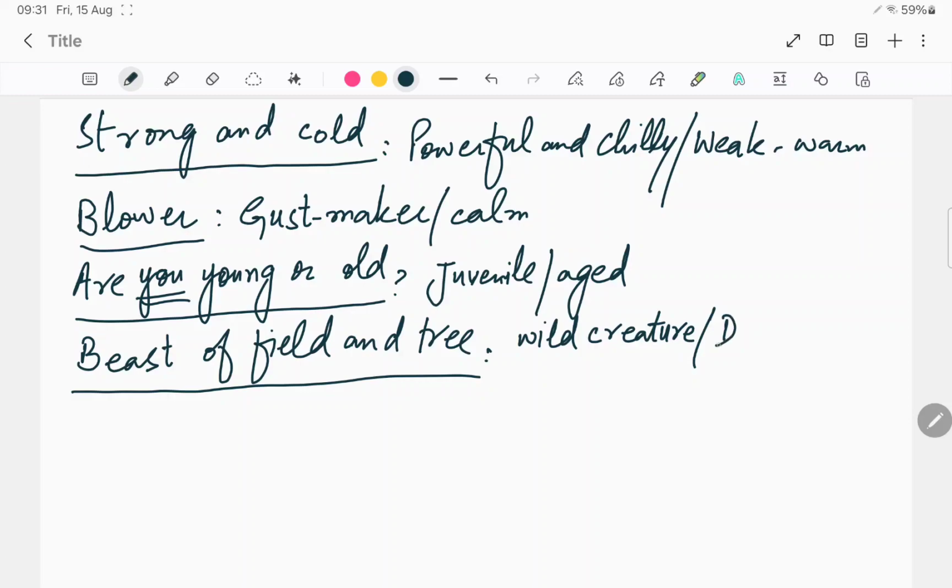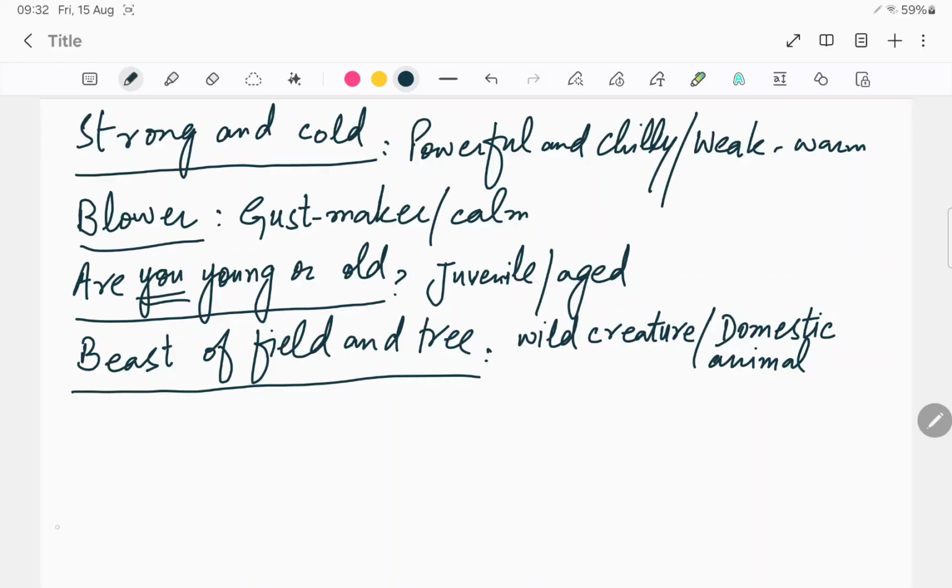That can be a pet or domestic animal. So that is how we can have the word similar meaning and opposite to it. What are the beasts of field and tree? Any animal which is roaming free in the jungle, and especially if it is a ferocious kind of animal like a lion or tiger. So we may use this word in our sentence like, the lion is a beast of field and tree in the story. That is how we can use it in the sentence.